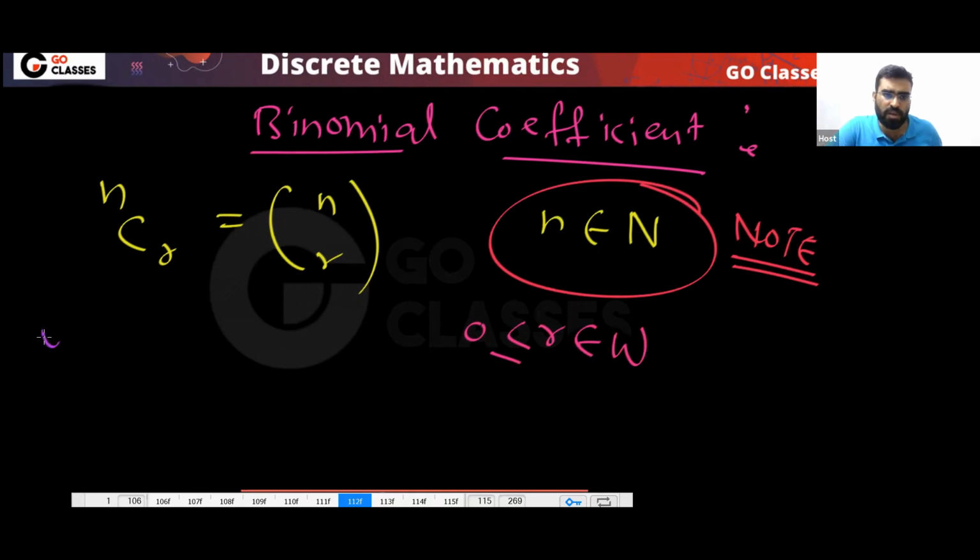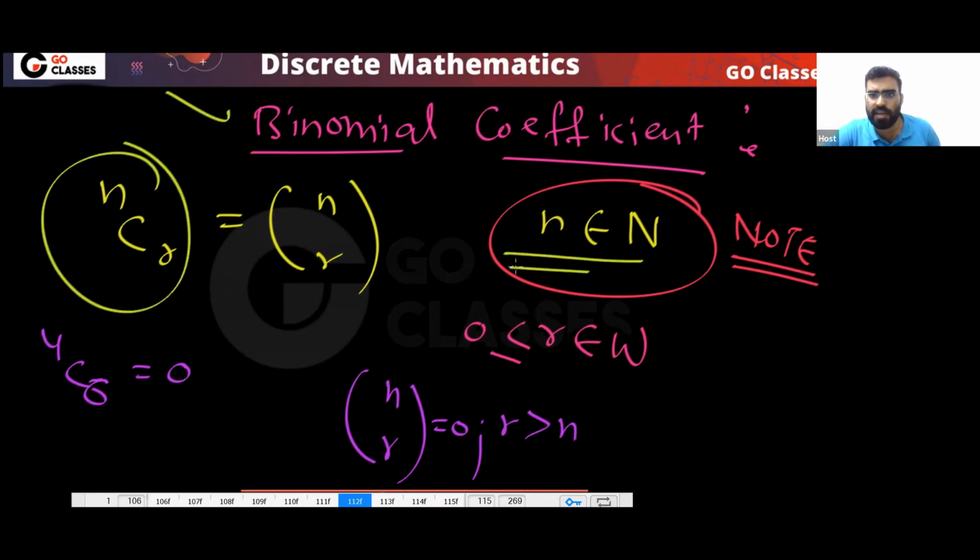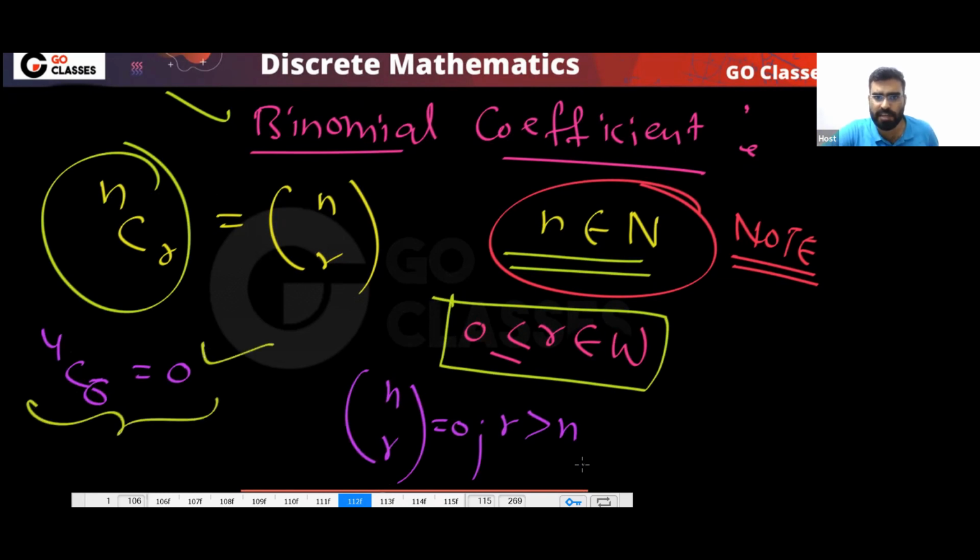So tell me, for example, what is 4C6? That is 0. You already know that for NCR, where r is greater than n, it will be 0. So n should be a positive integer and r should be a whole number.